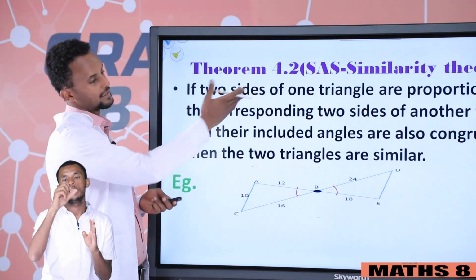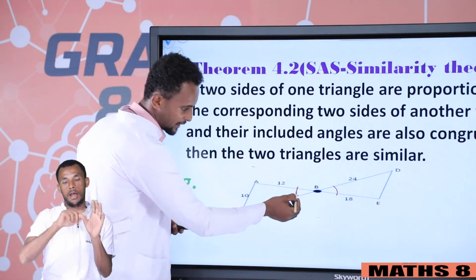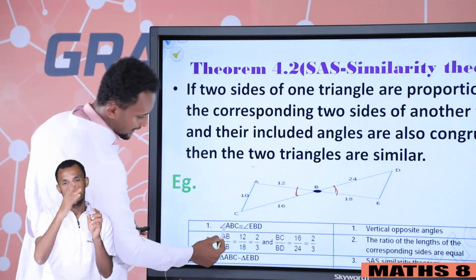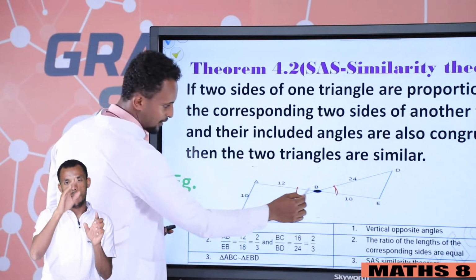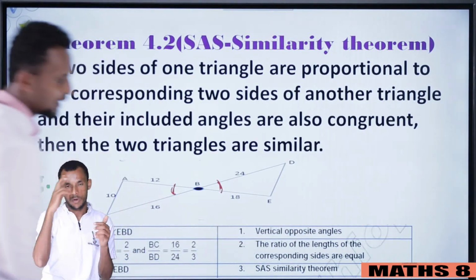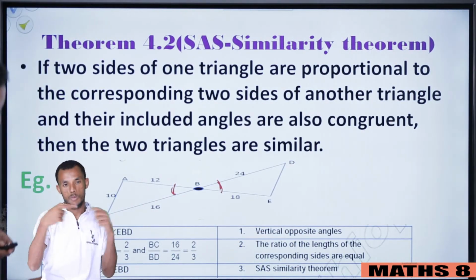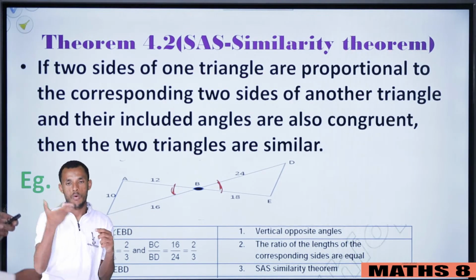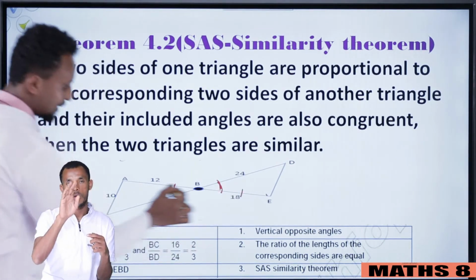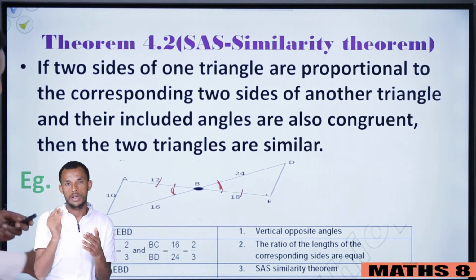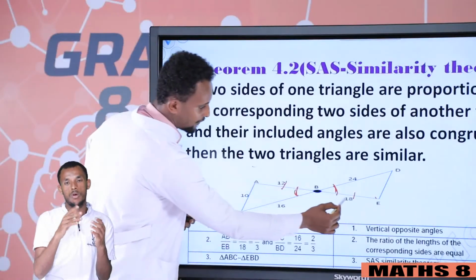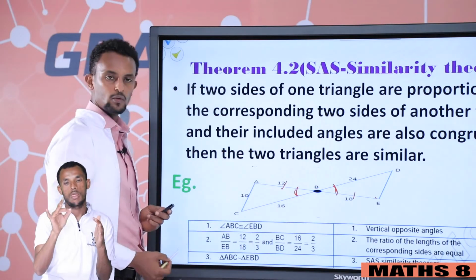In the case of side angle side similarity, we check only one angle and two sides. So let's check it. Angle ABC, this angle and this angle are equal because they are vertical opposite angles. And AB over EB, this side and this side, is 12 over 18, that is 2 over 3.